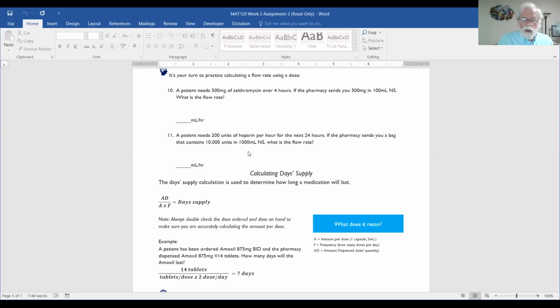But if we take a look at it as I started out, looking at how many units over 24 hours, that's going to be 4,800 units. So we're not going to be delivering the entire bag. That makes sense. So there you get an idea as to how simple these things can be.